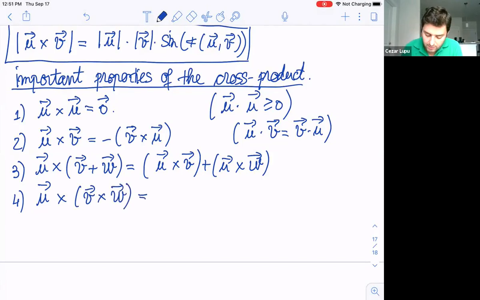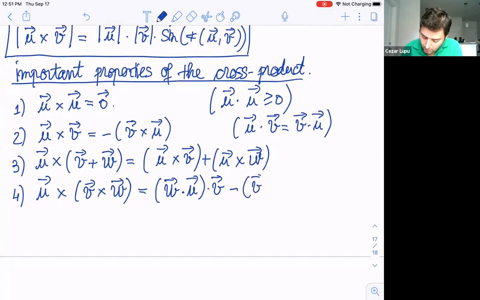This will be nothing else than, guess what? It will be W dot U, times V, minus V dot U, times W. So we're going to relate these.